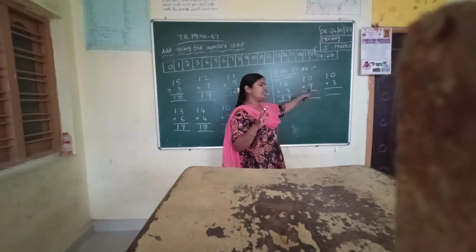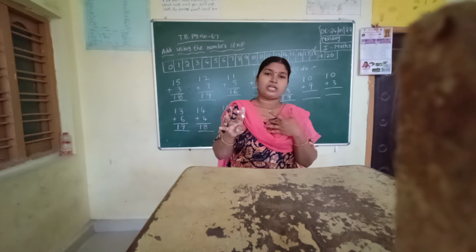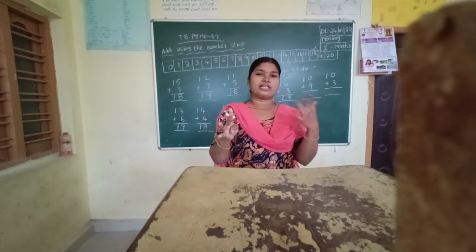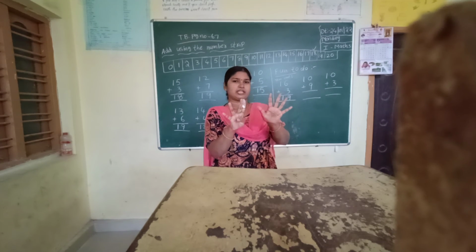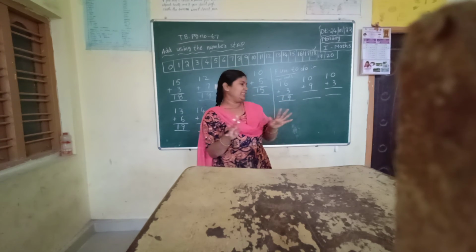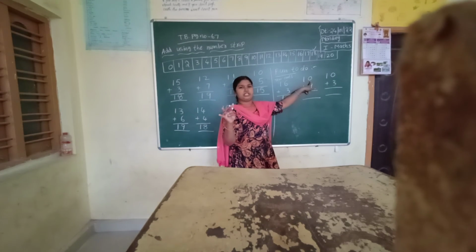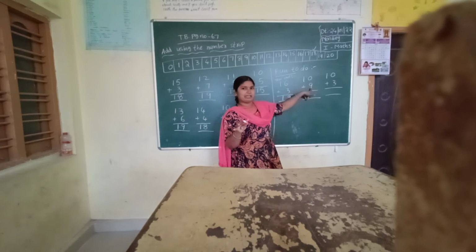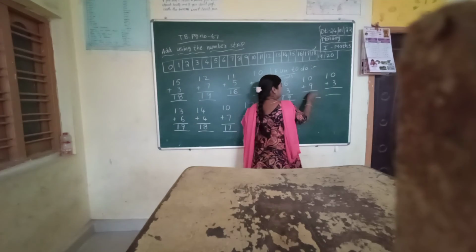How many chocolates did my friend give me? 9. Now, how many chocolates do I have? I have only the 9 chocolates. Okay? Same like that. If you add any number to 0, you get the number itself. So, 0 plus 9, 9 only.